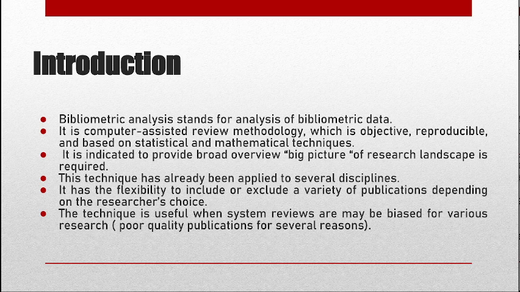So unlike the systematic review, it is relatively indicated when our research question, topic or discipline is very broad, and we have so many publications and we want to get an overview.